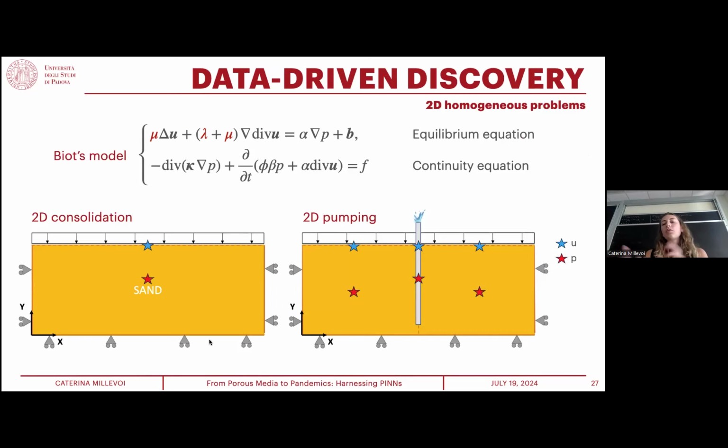And let's move instead to a more complex case. Now we are in two-dimensional cases, so same equations, but two-dimensional, and we compare two homogeneous problems. The first one is the consolidation in a homogeneous problem. That is, we have a two-dimensional homogeneous domain made of sand, and we have a load that is causing subsidence.